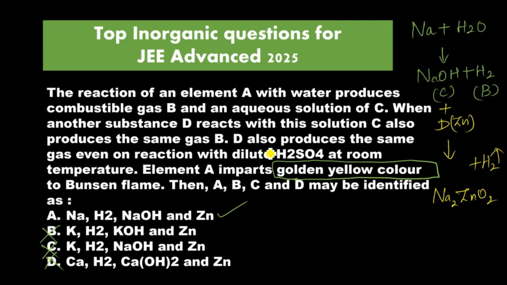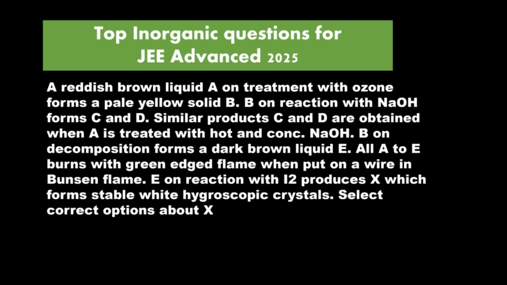That is also producing gas B. D produces the same gas even on reaction with H2SO4 at room temperature. So zinc with H2SO4 also produces H2. So the answer to this question is sodium, H2, NaOH and zinc as A, B, C, D.